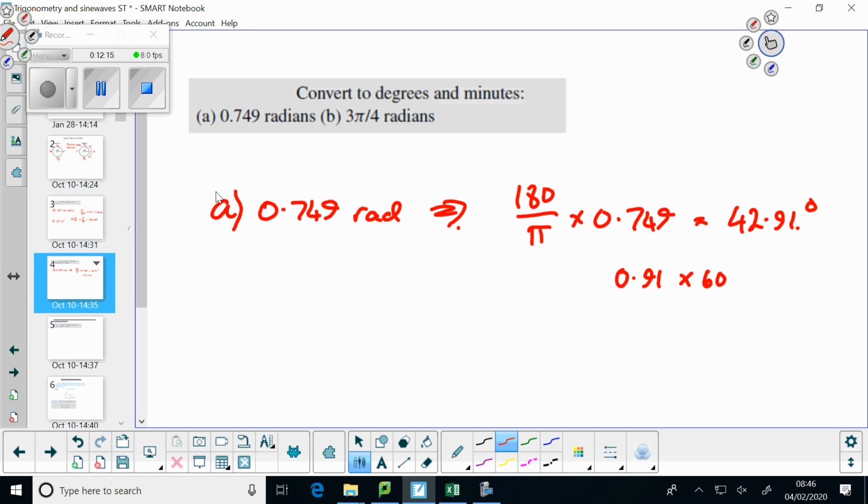0.91. So you do 0.91 times 60, you get 54.6. So let's say 55. So it equals 42 degrees, 55 minutes, rounded to the minute.